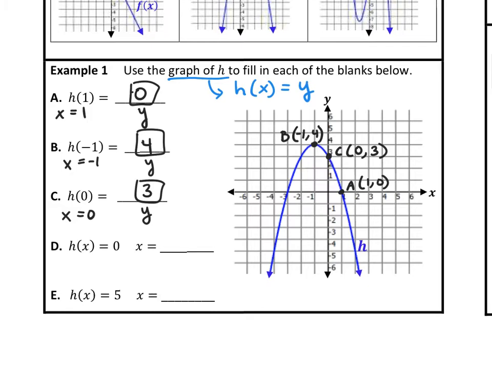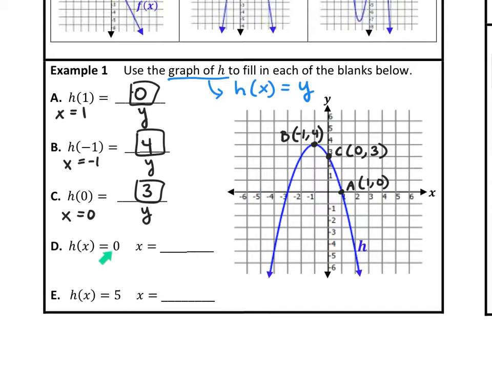Now notice for the last two, D and E, the way that the equation is written is different. Notice that inside the parentheses we have an x, and after the equal sign is a number, and the question is, what is x? So they're switching the question on us.